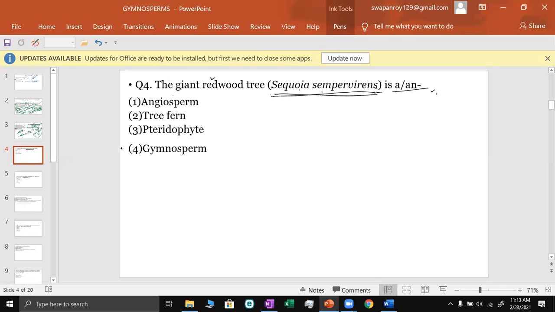This is a gymnosperm. Frequently this type of question is asked, giving the names of 4, 5, 6 or more plants, botanical name or common name, and asking from which group it is, whether it is algae or bryophyte or pteridophyte or gymnosperm, or within these classes also.